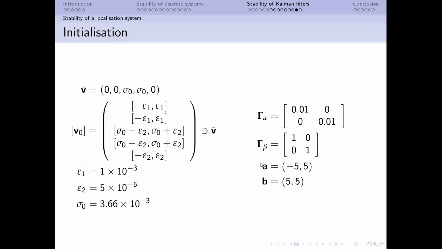Finally, we have the beacons that are represented by these two vectors. So the values in themselves are not very interesting. What we just have to notice here is that the width of the initial neighborhood for the state of the Kalman filter is very small. As I said before, since our method is based on the centered form, we have to take a very small initial neighborhood for our method to be able to prove stability.